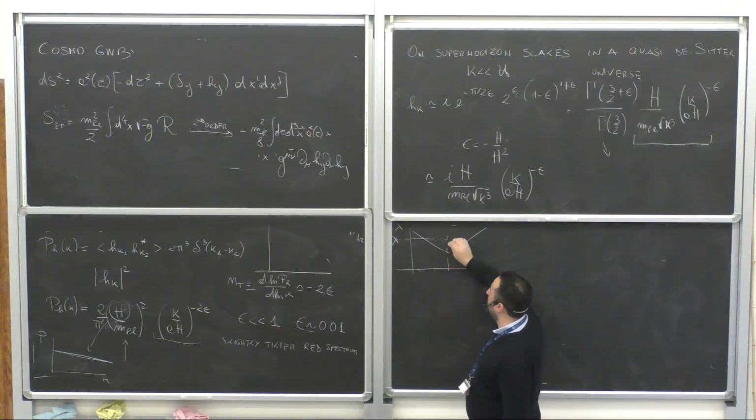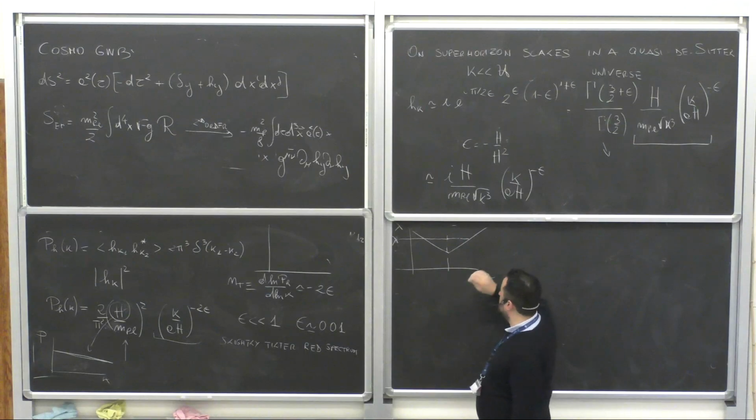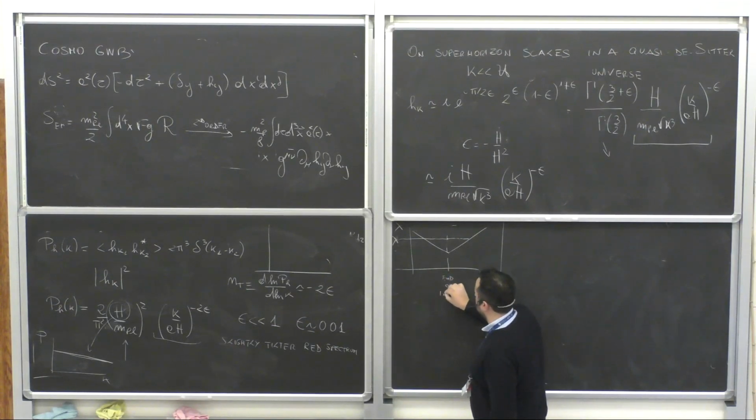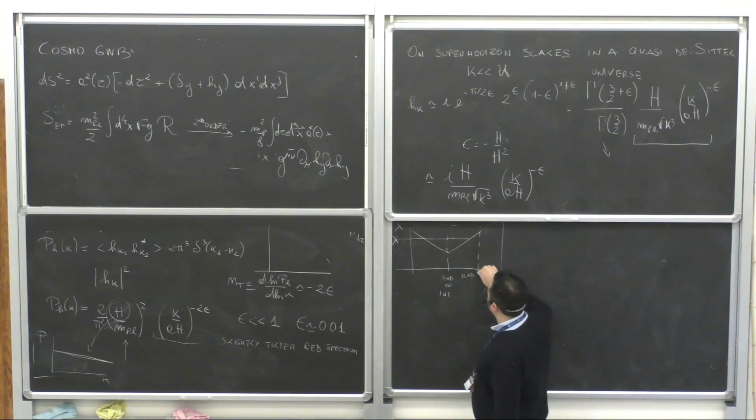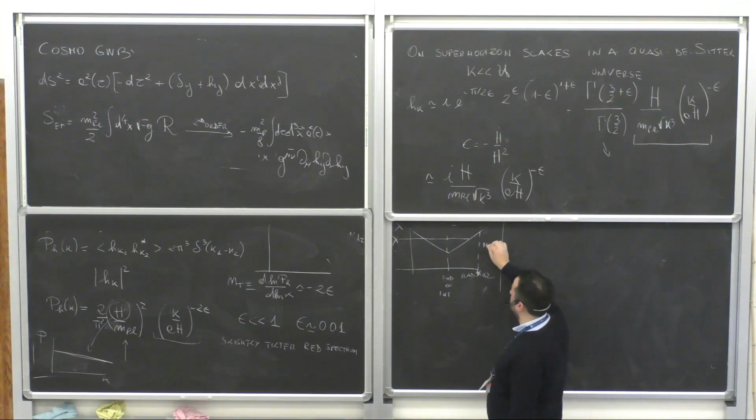You know how the solution behaves here, it is frozen, but at some point here is the end of inflation. Here we enter the radiation-dominated phase for standard evolution. Here we have the equivalence, let me call it a star. Here you have the matter domination, and here is today.